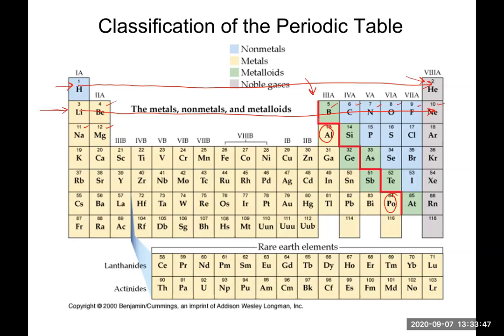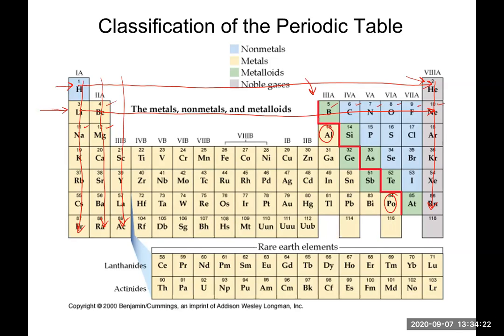And then the groups, columns, or families, for example, group 1A is here from hydrogen all the way down to francium, and group 8A is here from helium all the way down to radon. If we take any of these groups, columns, or families, every vertical column is going to be another group, column, or family all the way across the periodic table.